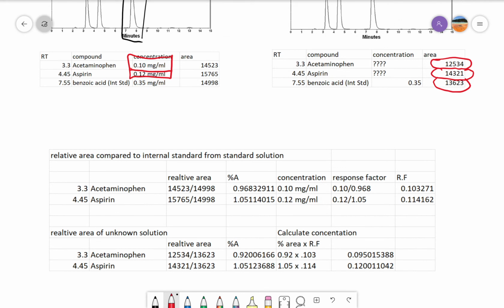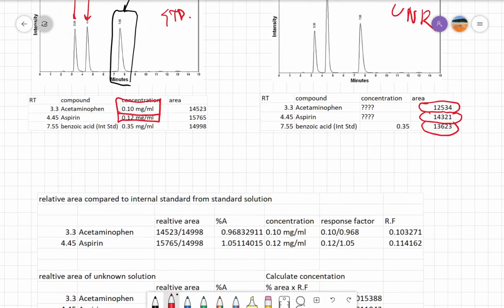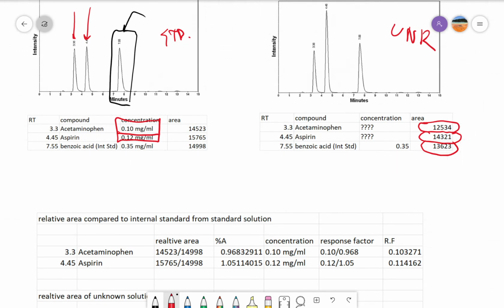If we're going to calculate the concentration in our unknown, the first thing we need to do is figure out what is the response factor for the acetaminophen and what is the response factor for the aspirin. Again, that's like trying to determine the sensitivity of the UV detector for these two components.